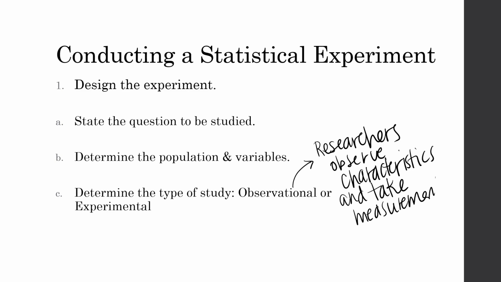So think survey, i.e. a survey. An observational study is just where you are going out and asking people questions. So maybe you figure out what your population is, what questions you want to ask them, then you go out and ask folks those questions.